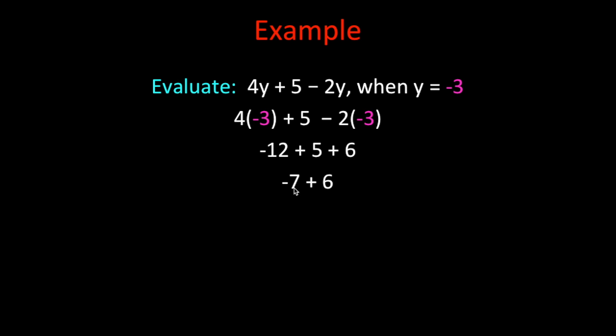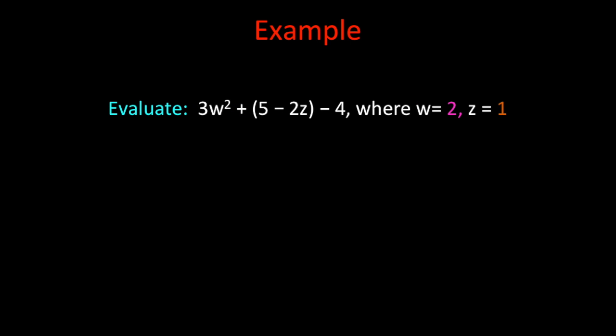So now you have -7 plus 6, you do the same thing, you subtract because they have different signs, and then you keep the sign of the larger number. In this case it is 7. So -7 plus 6 is -1. Why? Because after you subtract, 7 has a negative sign, and 7 is larger than 6, so your answer has to be negative.